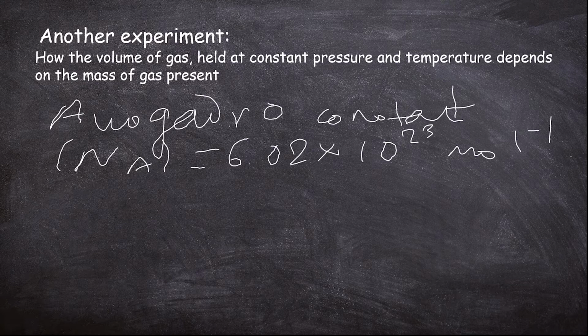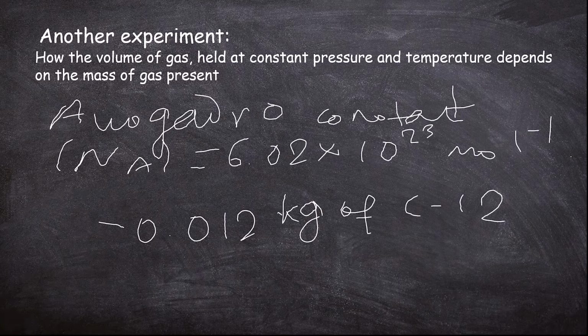So what is the Avogadro constant? The Avogadro constant is the number of atoms in 0.012 kg of carbon 12.